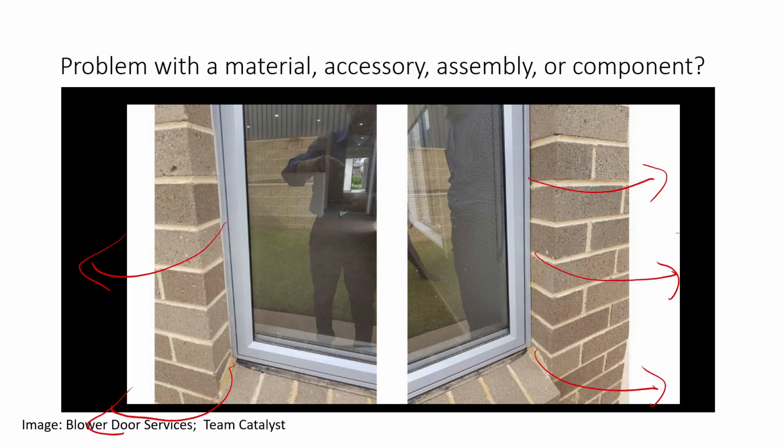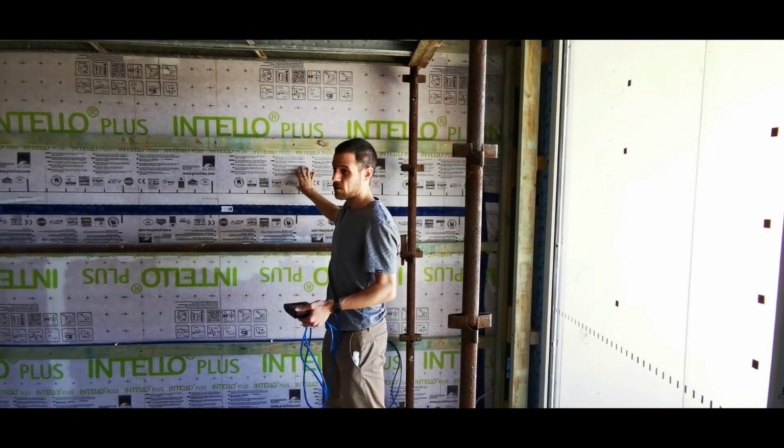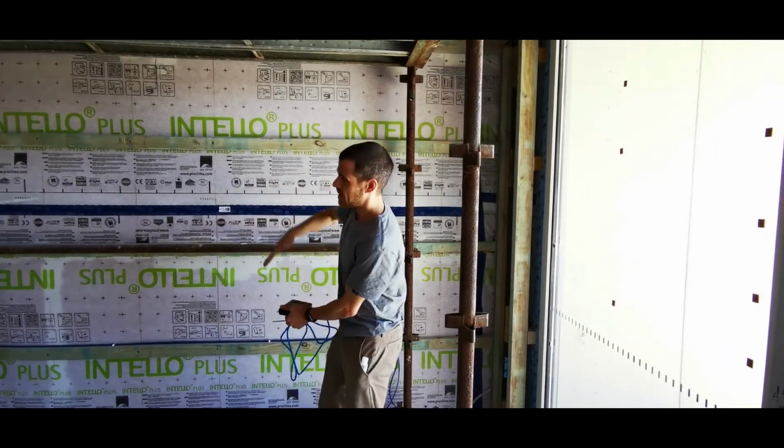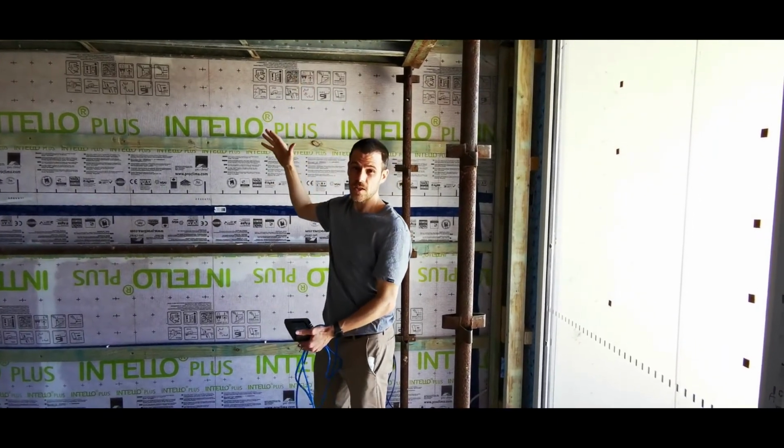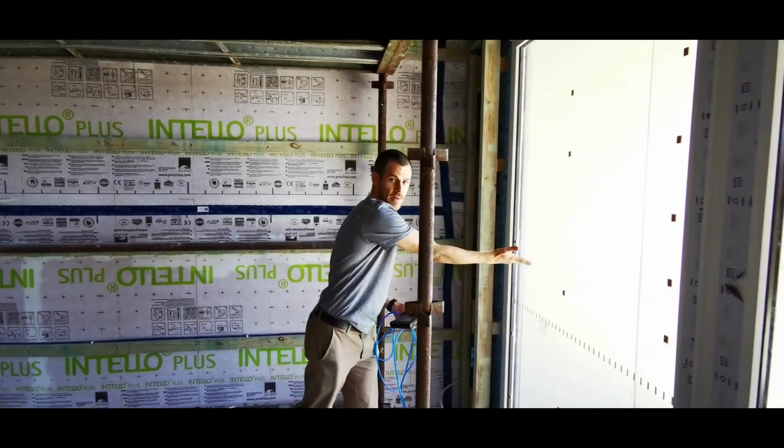So the facade brick is really just a good raincoat to protect everything behind it. And the failure point there is no taping of the sarking to make a proper membrane, to make a good air barrier assembly. A wall air barrier assembly is missing or defective in this case. So the material, accessory, assembly, and components: that's the terminology that you need to use.